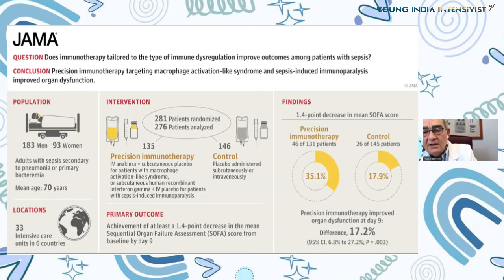And the finding was that, even though there was no difference in mortality in the end, which must be clearly explained and pointed out, since of course this study was not designed to show a difference in mortality, precision immunotherapy adapted to the presence of macrophage activation-like syndrome and to immunosuppression achieved a difference of 17.2% in terms of the decrease by 1.4 points in mean SOFA score.